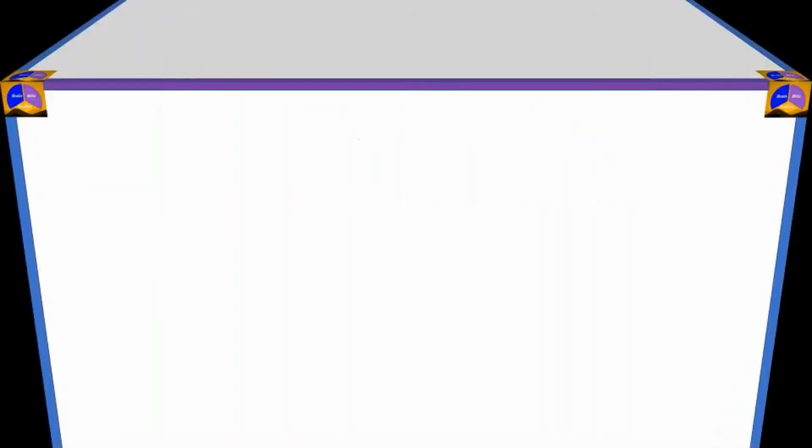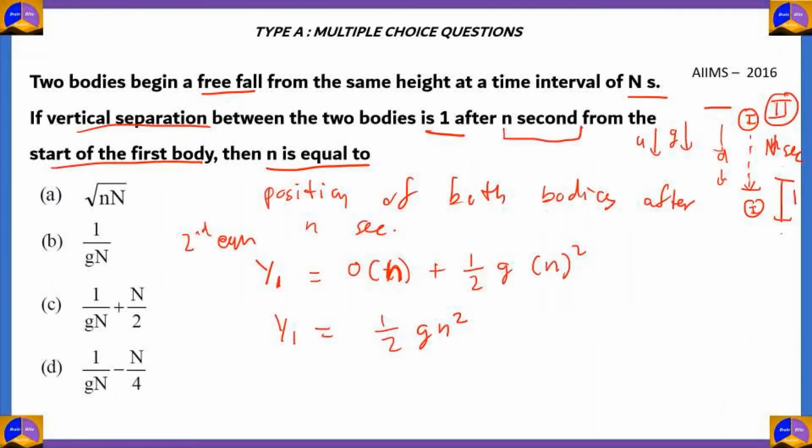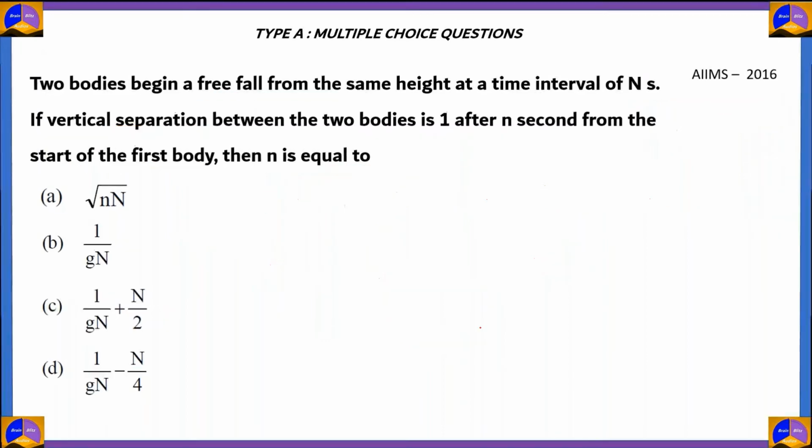And this equation is the same equation as is found in option C. So after solving the question using the second equation of motion, we found the value of small n as 1 by g capital N plus capital N by 2. Option C is the right option.